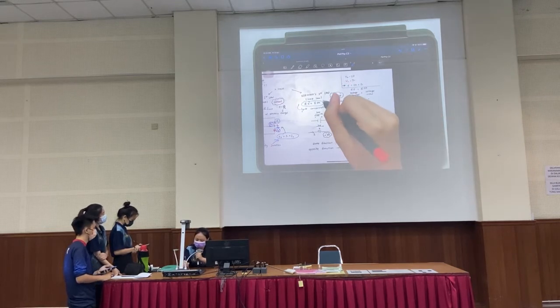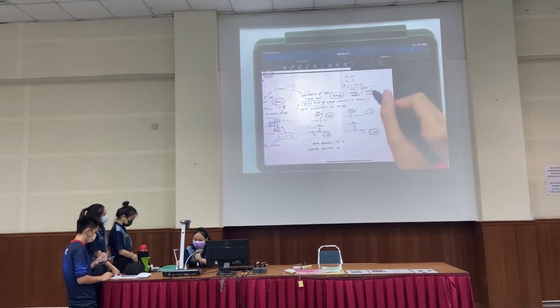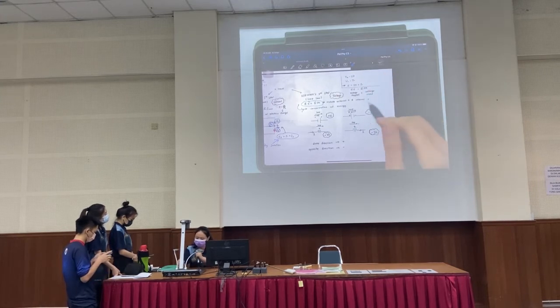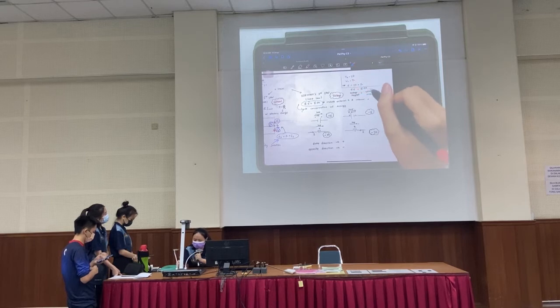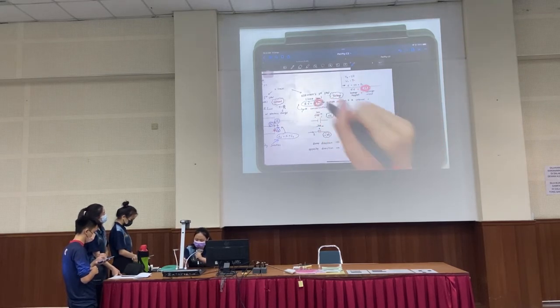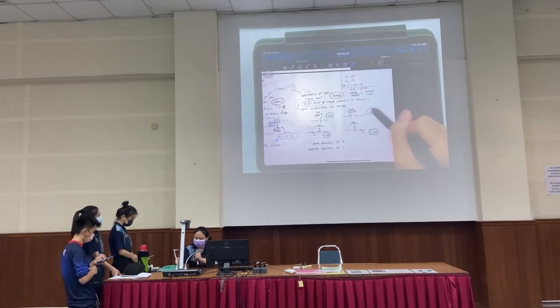And this formula actually comes from the original formula, which is EMF equal to IR plus I small r. And when you compare these two equations, they are actually the same. This IR plus I small r equals this IR. So we can know that the IR here includes the external resistor and also the internal resistor.